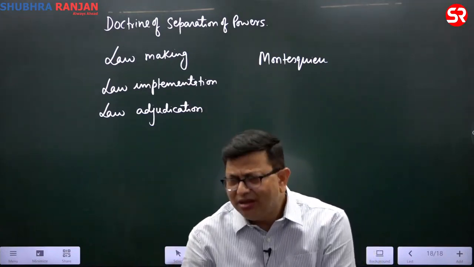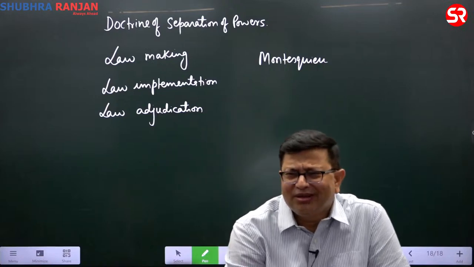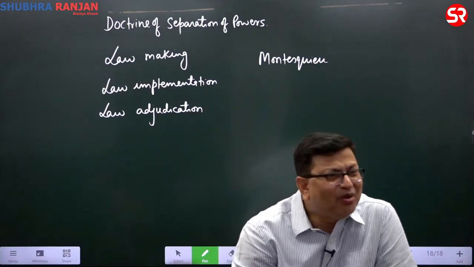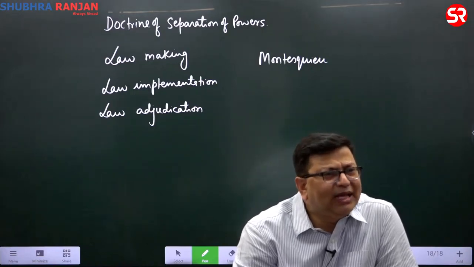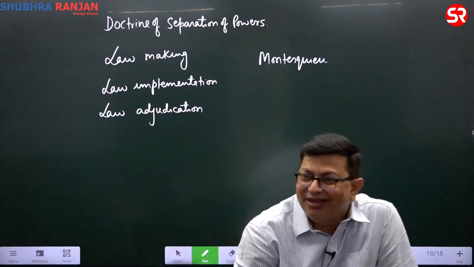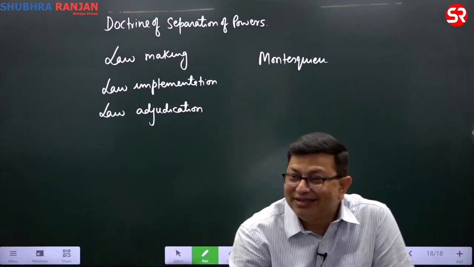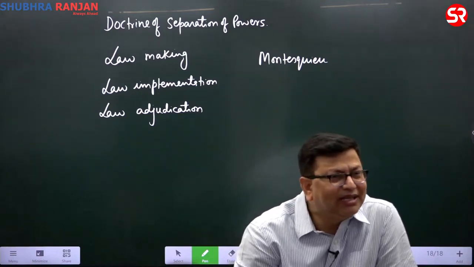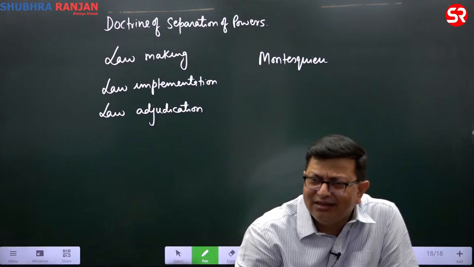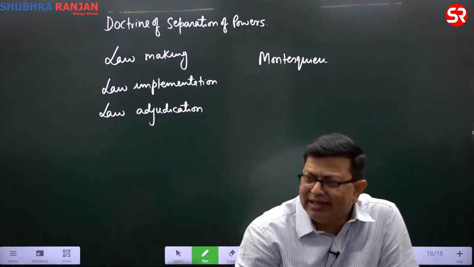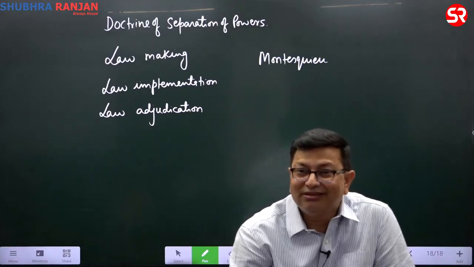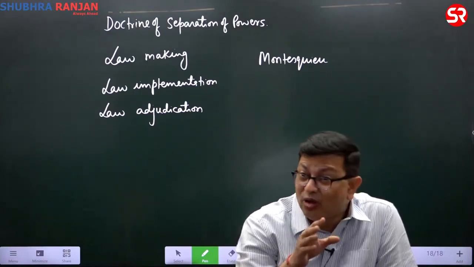Now, this separation of powers is also dangerous. Because if unlimited power is given to the executive with respect to appointments and other executive decisions, then the executive can indulge in nepotism, corruption.